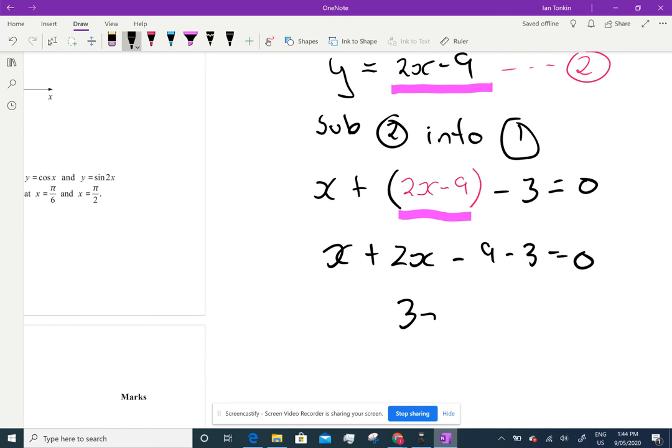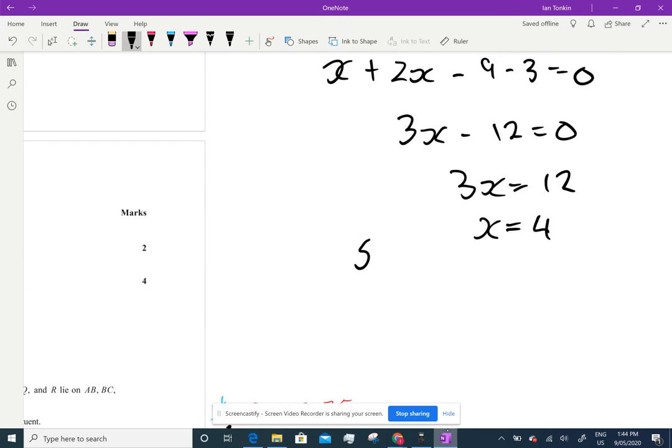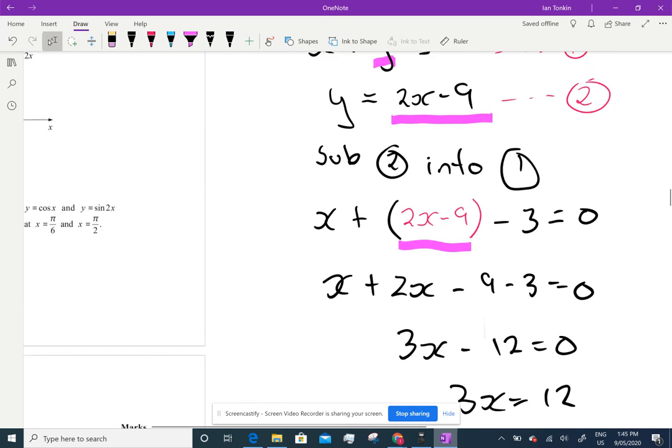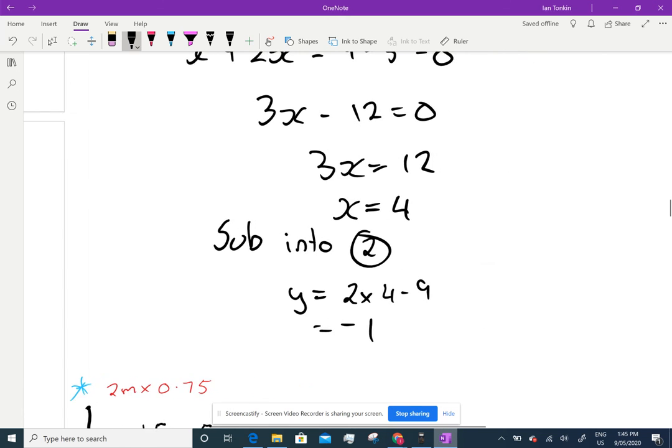So therefore I get 3x minus 12 equals 0. 3x equals 12. X equals 4. Sub that into equation number 2, which is y equals 2x minus 9. Y equals 2 times 4 minus 9, which is negative 1. So I get the point 4, negative 1.